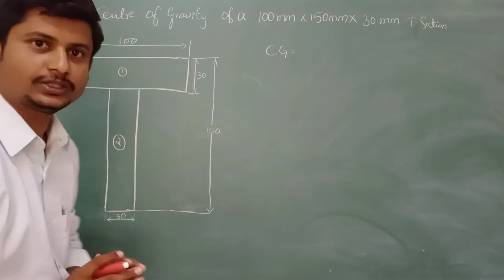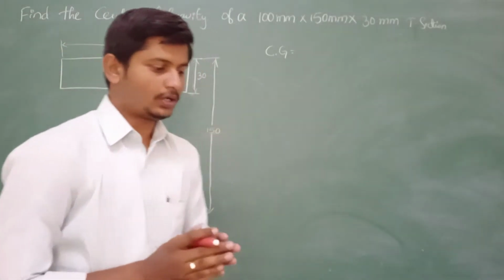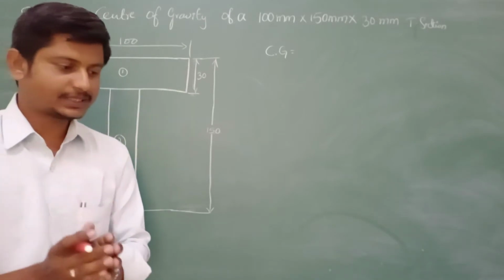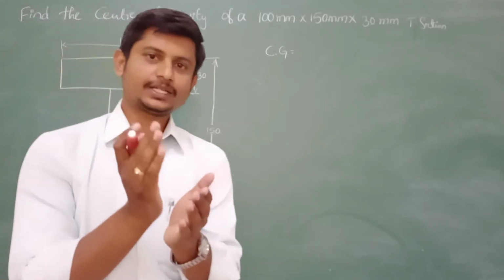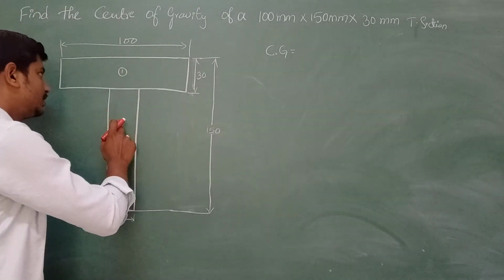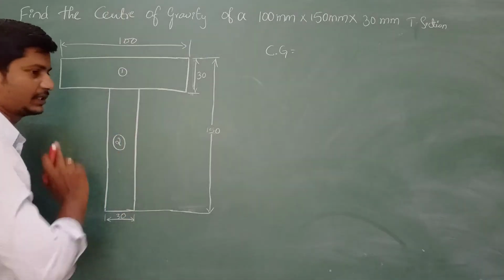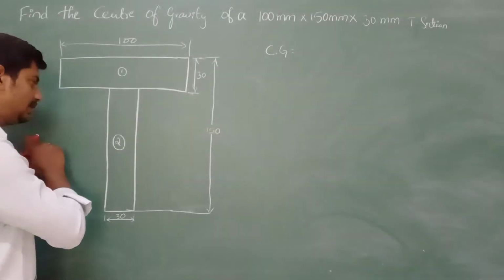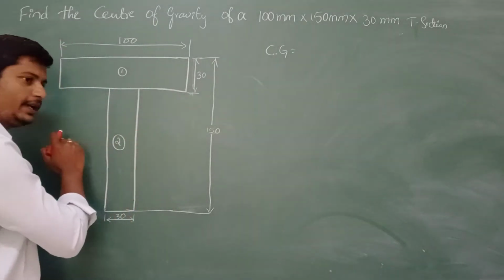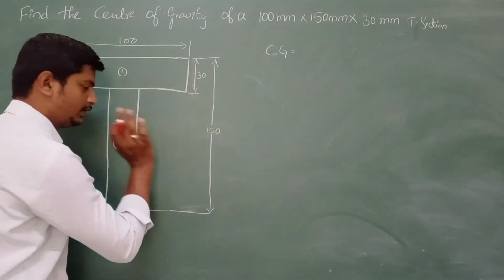These two sections are symmetrical, or these are bisecting along the y-axis. So this is bisecting and this is also bisecting along the y-axis. So if you consider an x-axis, it bisects either web number 1 or web number 2.